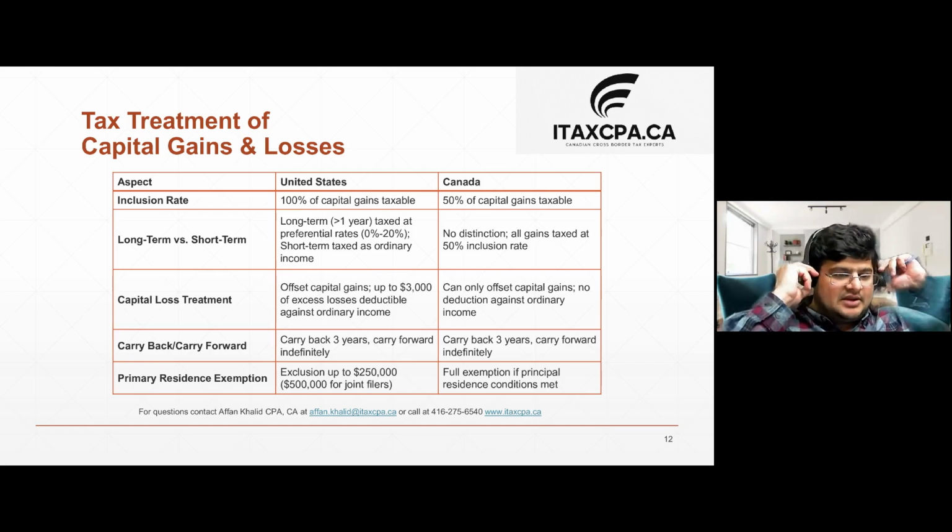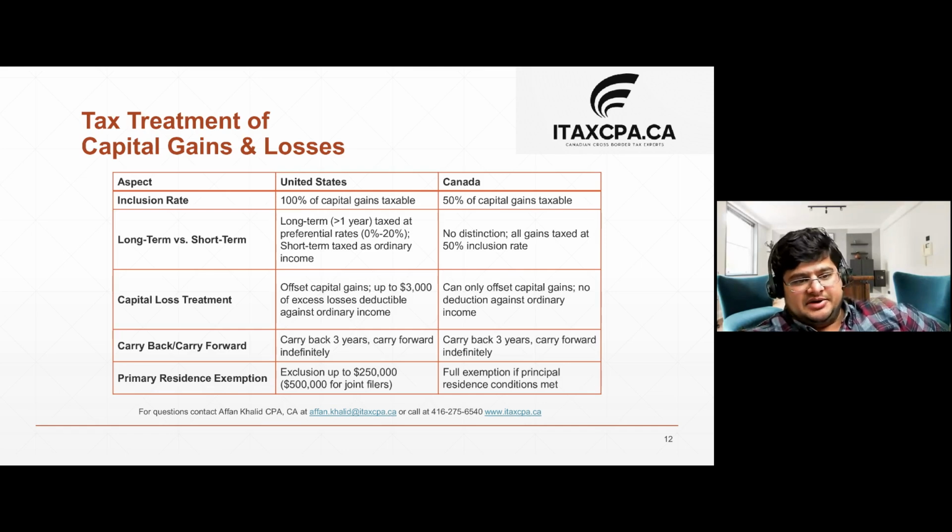For capital gain, there's a series of criteria for you to fall into the capital gain category. And then capital loss treatment is also different in Canada. Capital losses are very, very restrictive, meaning they can only be used to offset your capital gains.